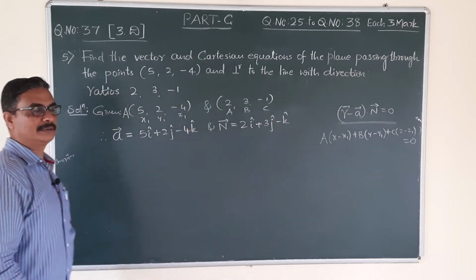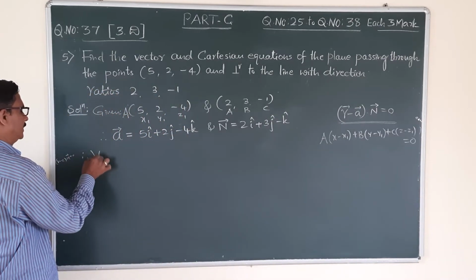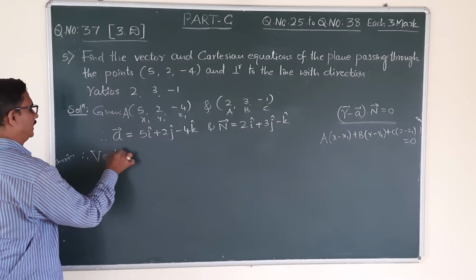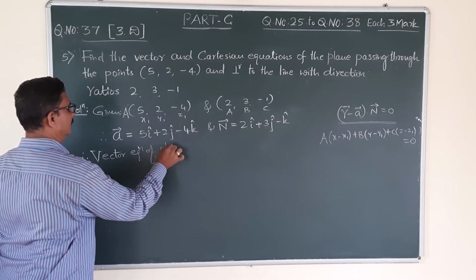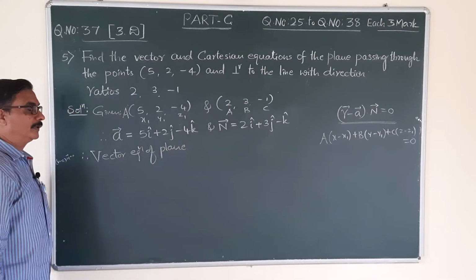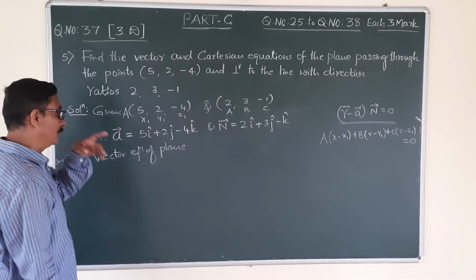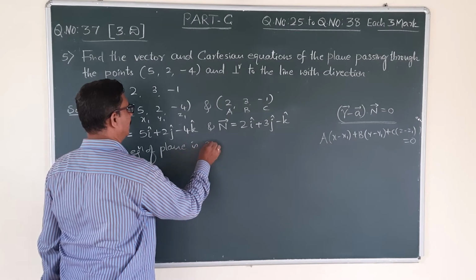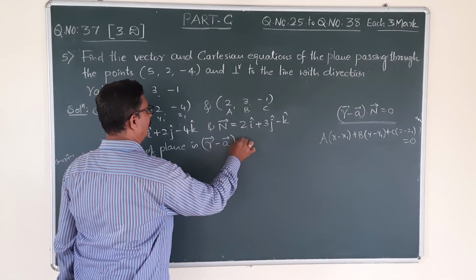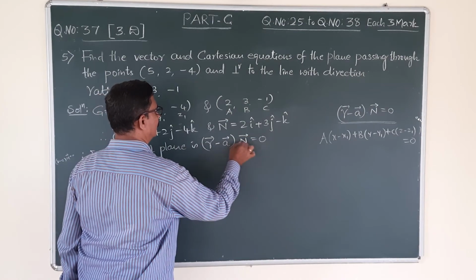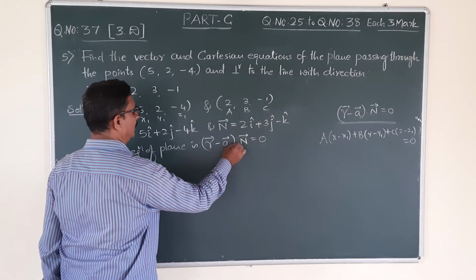We got the vector. Therefore, the vector equation of a plane passing through a given point and perpendicular to the normal to the plane is given by the formula (r − a) · n = 0.